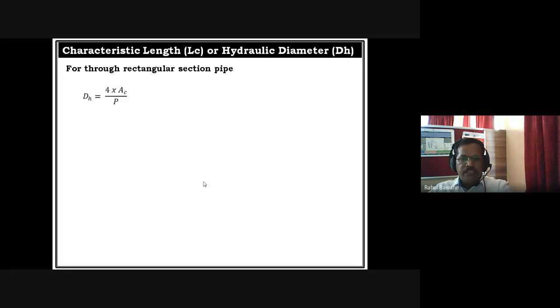Now suppose it is not a circular pipe, it is rectangular. I am taking only the rectangular, but it might be a pentagonal shape, hexagonal shape, triangular shape, any kind. So we have to remember only the basic formula: hydraulic diameter is 4 cross section area divided by wetted perimeter.